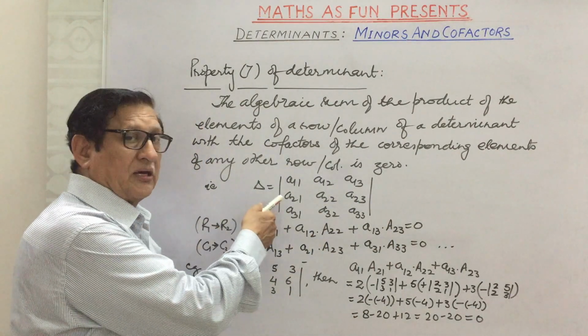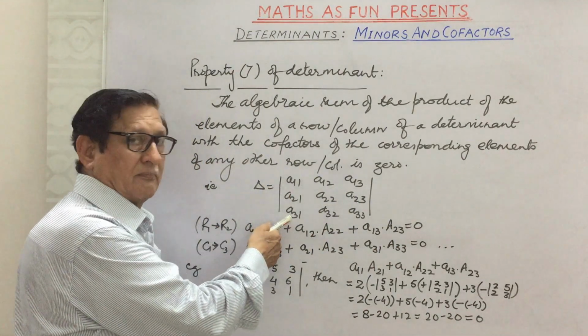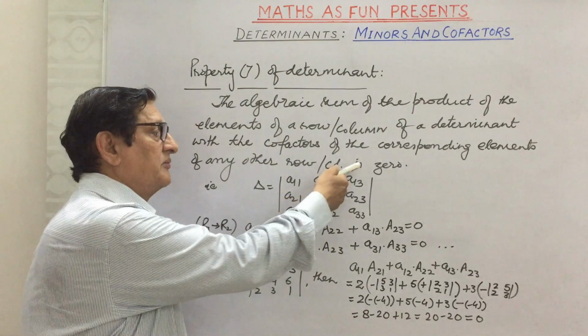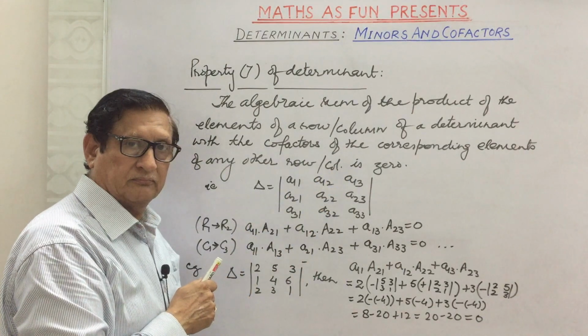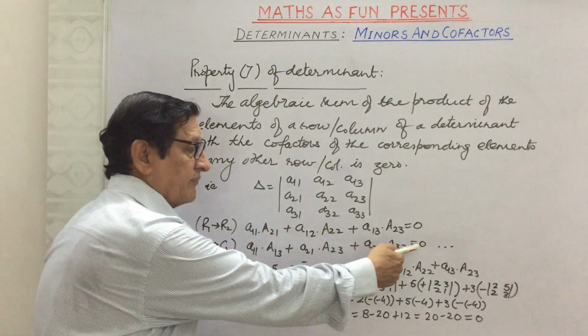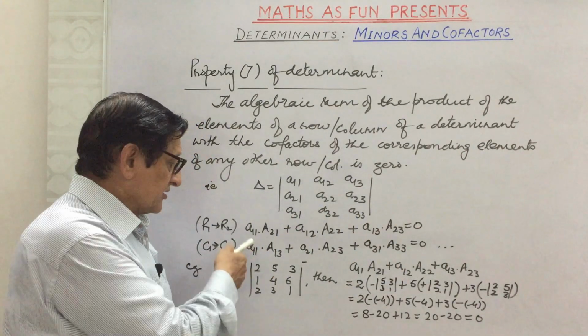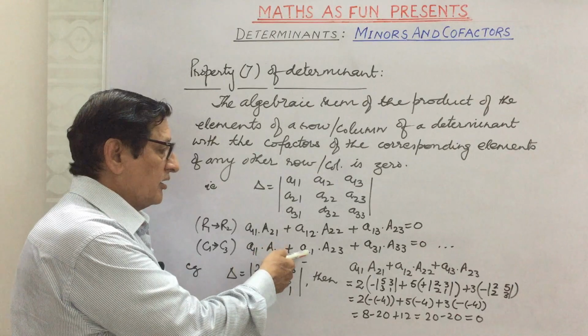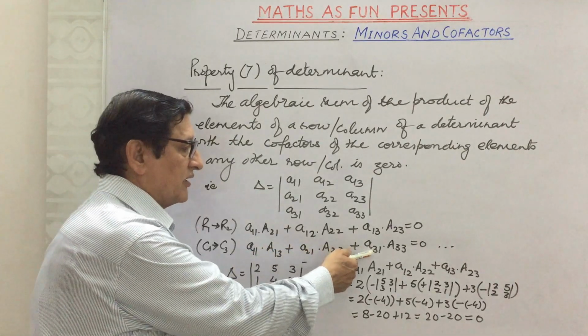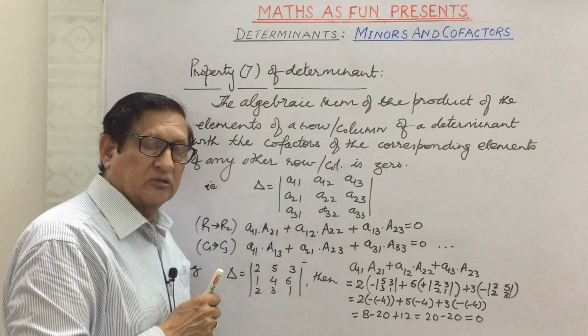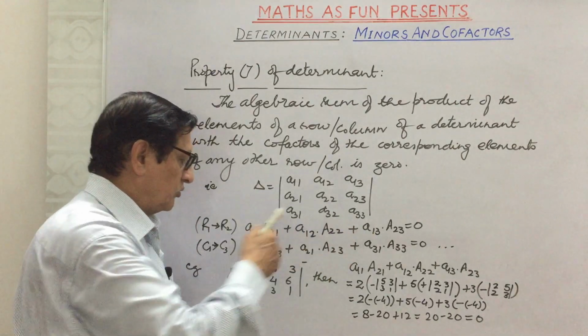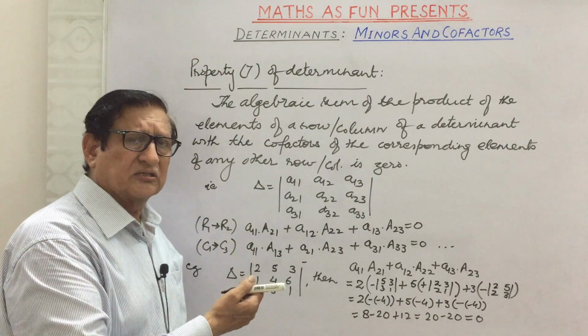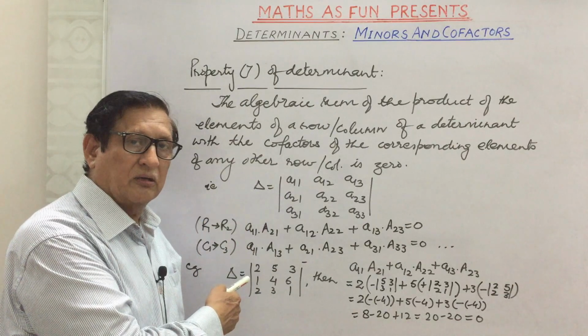Similarly, if we multiply the elements of the first column with the cofactors of the elements of the third column, then also the sum is equal to 0. That is, a11 into A13, a21 into A23 plus a31 into A33 is 0. Let's understand this with a numerical example.